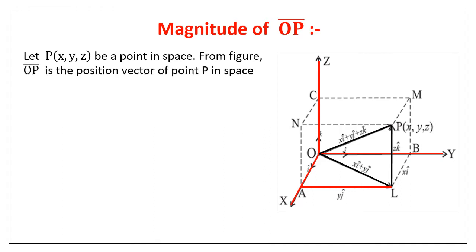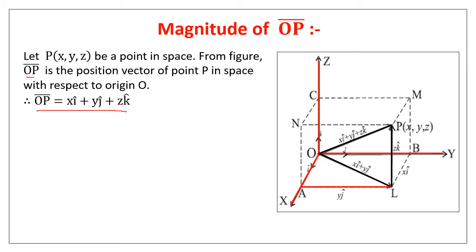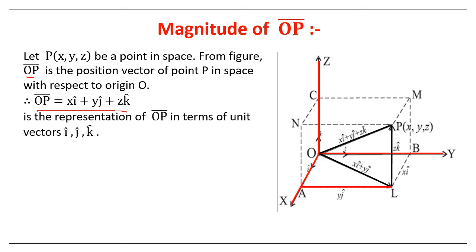Then from figure OP bar is the position vector of point P in space with respect to origin O. So we know how to write OP bar equals x i cap plus y j cap plus z k cap, the representation of OP bar in terms of unit vectors i cap, j cap and k cap.